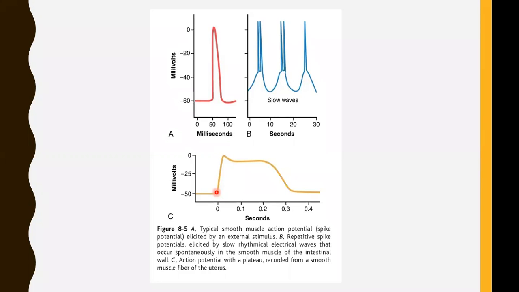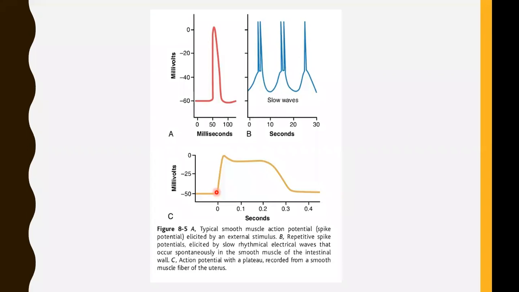Once there is an application of the electrical potential on the membrane, first there is opening of the voltage gated sodium channels, and you know that these are the fast channels. They open and then close within 10,000ths of a single second.